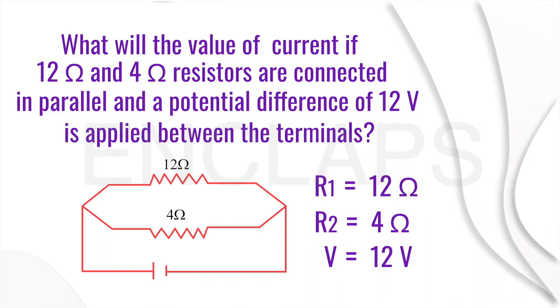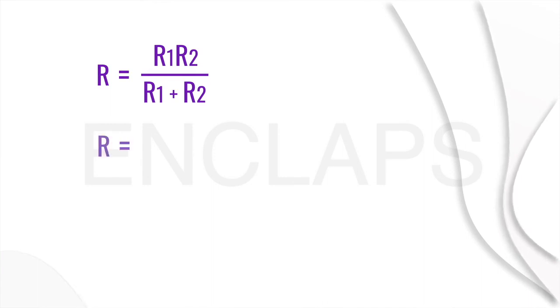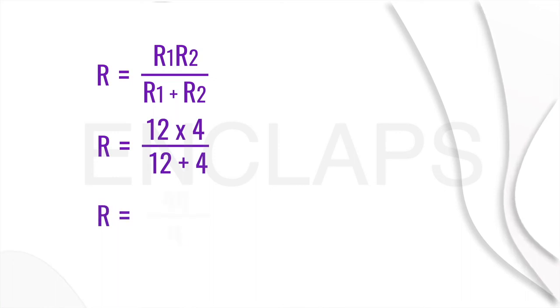So the effective resistance will be R is equal to R1 into R2 whole divided by R1 plus R2. That is, R is equal to 12 into 4 divided by 12 plus 4. The effective resistance R is equal to 48 divided by 16 equals 3 ohm.